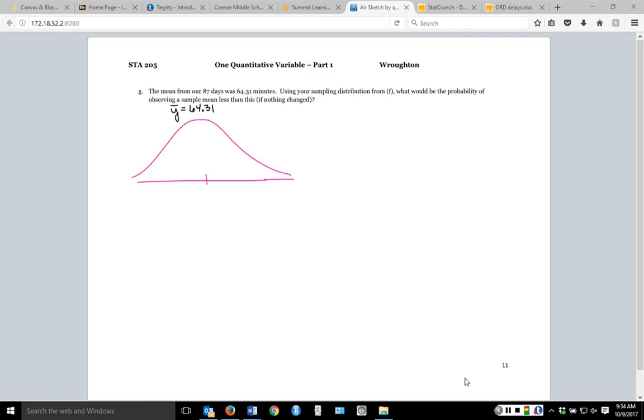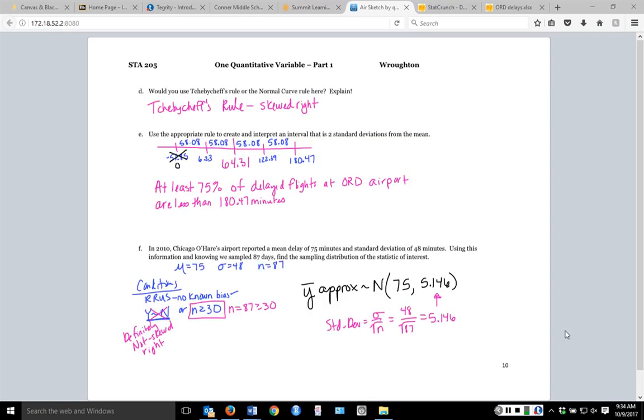It's centered at that population mean of 75. I'm going to go out my 3 standard deviations in both directions. For this, 5.146 is my standard deviation that I'm going to use.